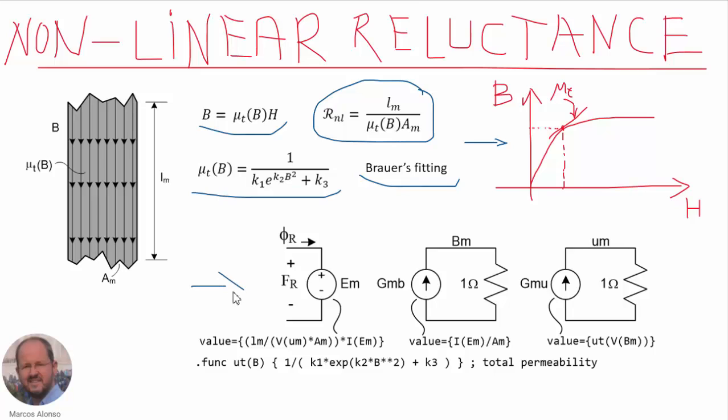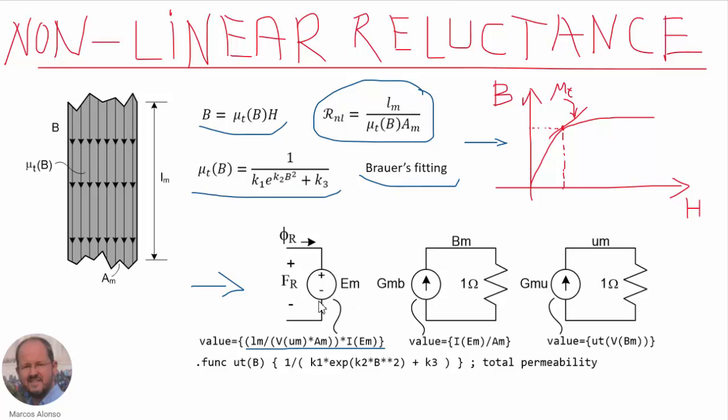Here is the implementation of this element in SPICE. We are implementing the reluctance, the equivalent resistance, by using this behavioral voltage source, in which we have this value for the voltage, which is the value of the resistance times the current circulating through it.